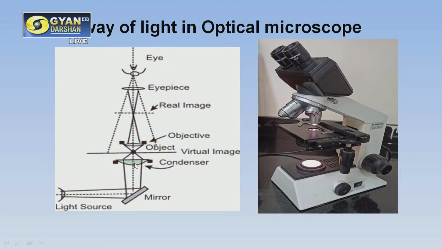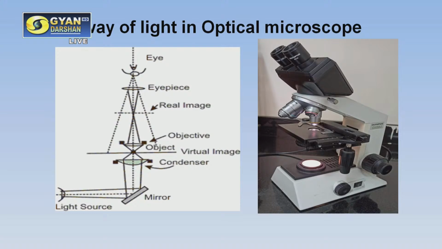The condenser lens focuses the light onto the specimen, where various parts of the specimen interact with it. After interaction, the light goes to the objective lens, which magnifies the image of the specimen, which is inverted. It then goes into the eyepiece, and through the eyepiece we can see the magnified image of the biological specimen through our eye.